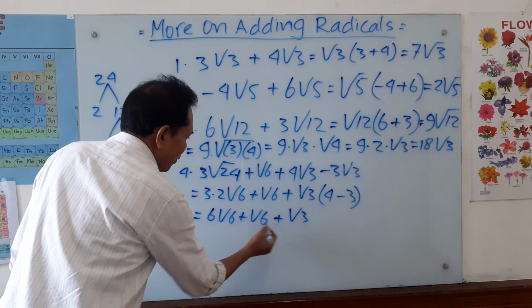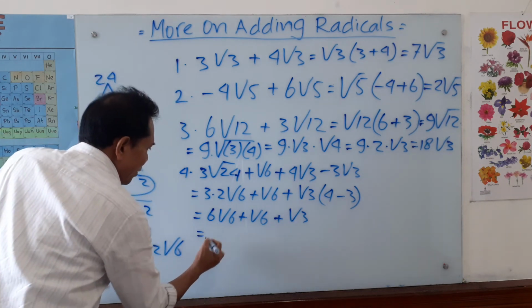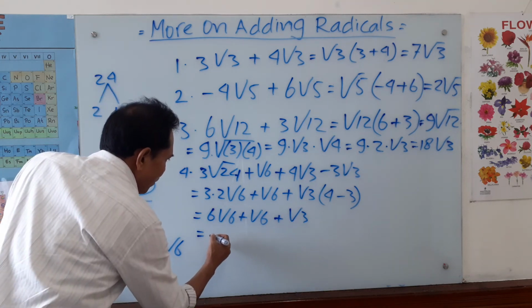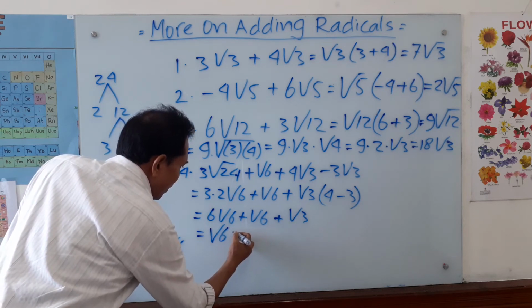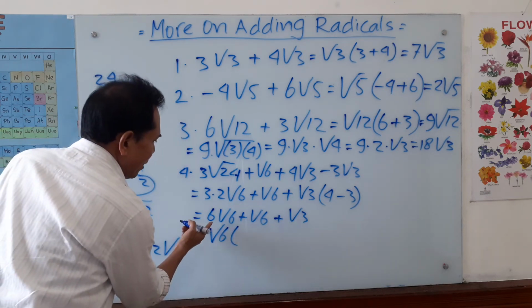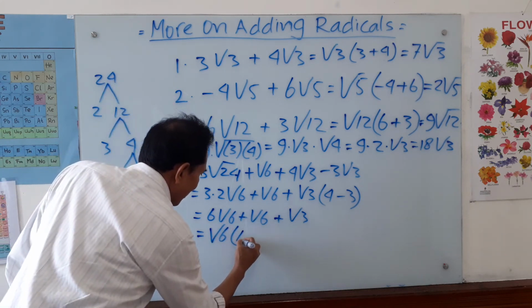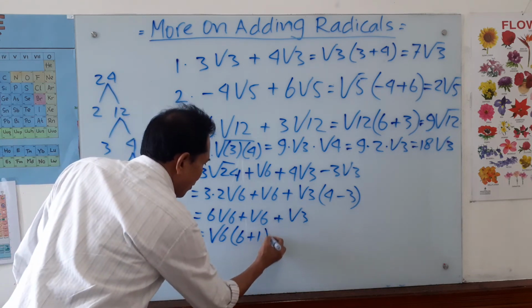Now we need to, because these radicals are the same, so we put them together, we add them together. So we have here square root 6. We open the bracket, okay? This 6, this is 1, okay? 1 here. So now we can use this one. 6 plus 1, okay? We close the bracket.